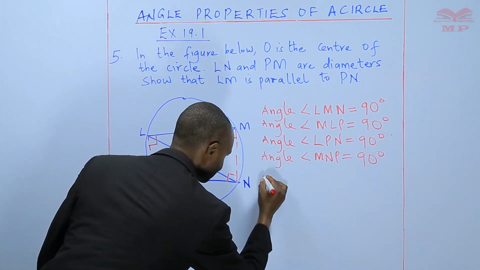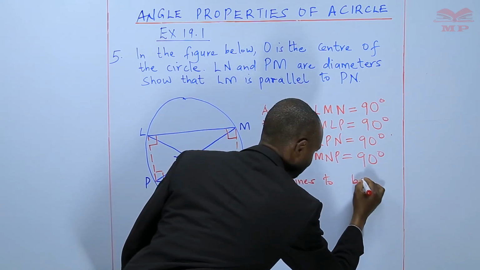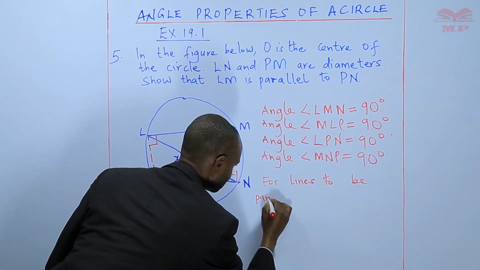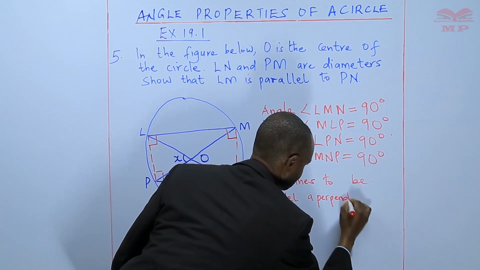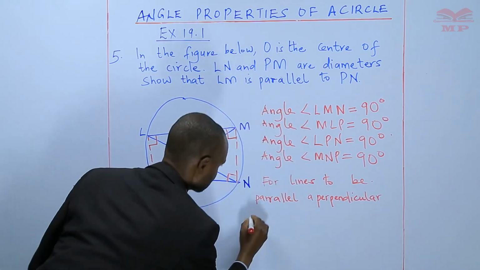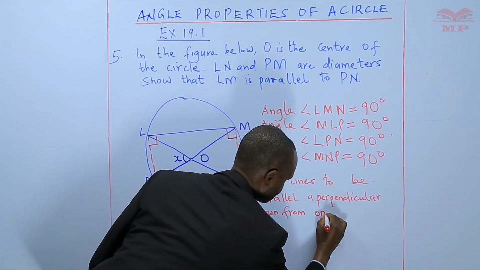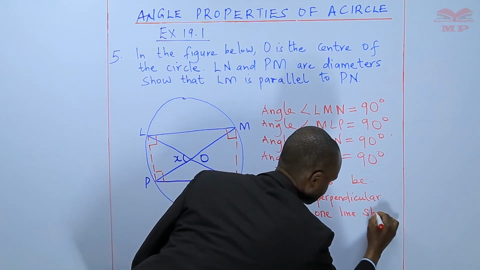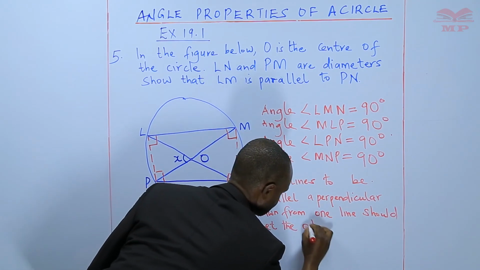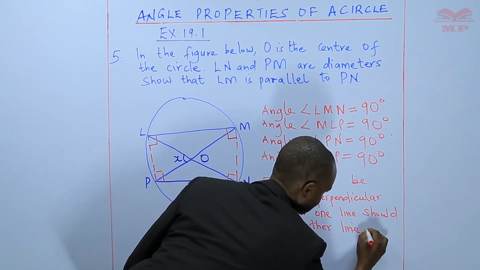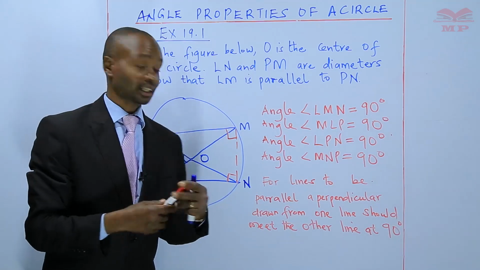For lines to be parallel, a perpendicular drawn from one line should meet the other line at 90 degrees. So let's go to our diagram and see, does that happen?